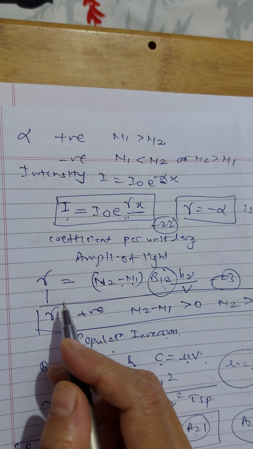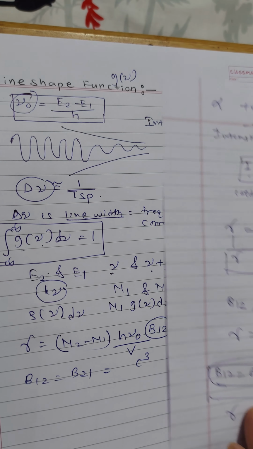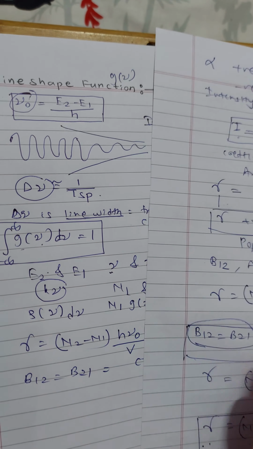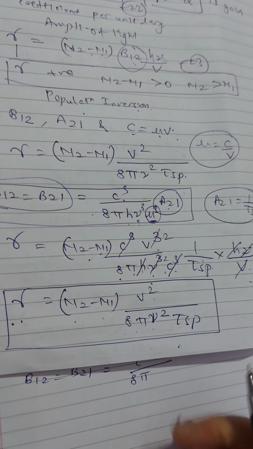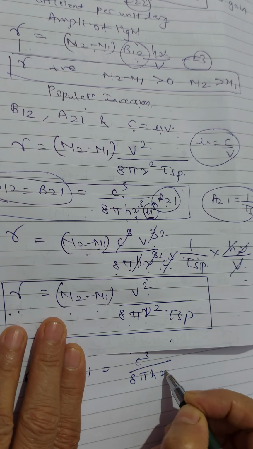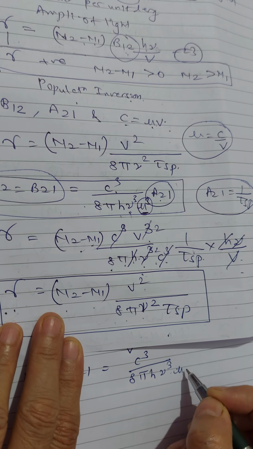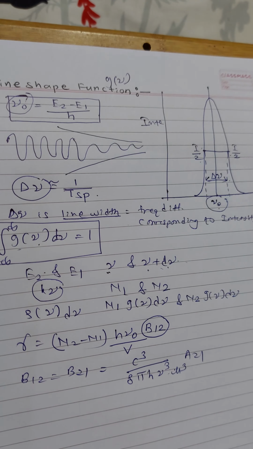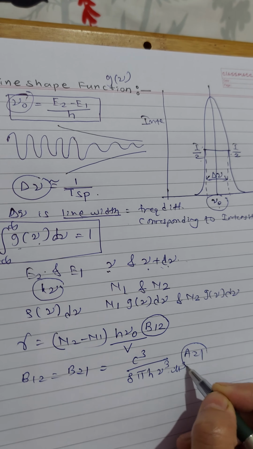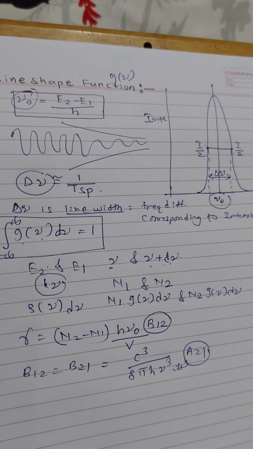We have the value ready with us. b12 equals b21 equals c cubed divided by 8 pi h nu cubed into mu cubed into A21. If you substitute this value in the expression, and we know A21 is 1 upon tau sp, we get the expression from last time.